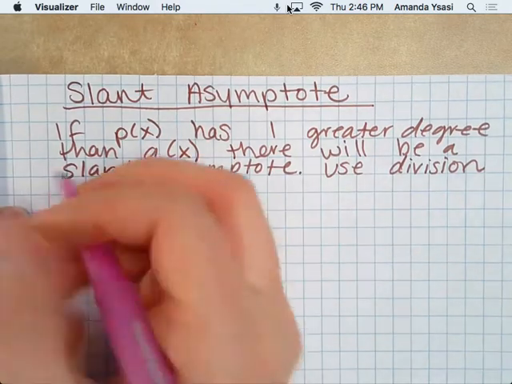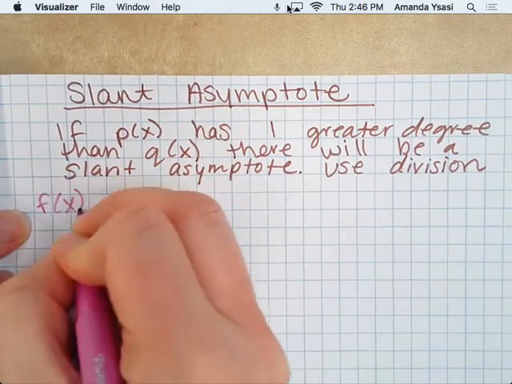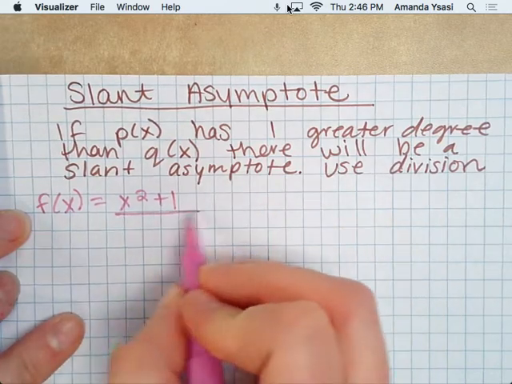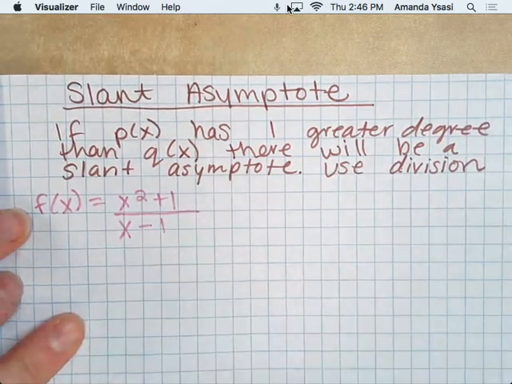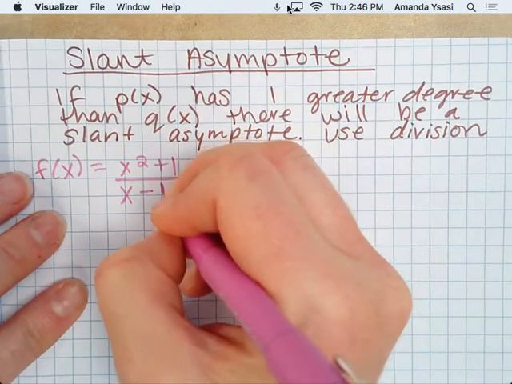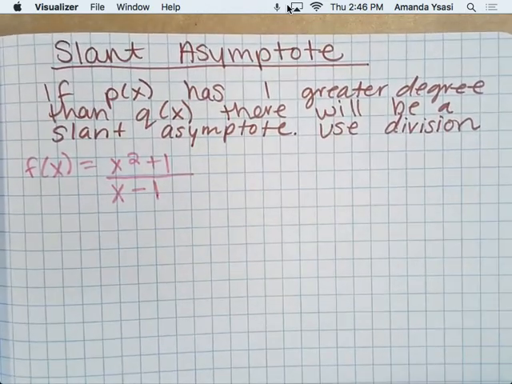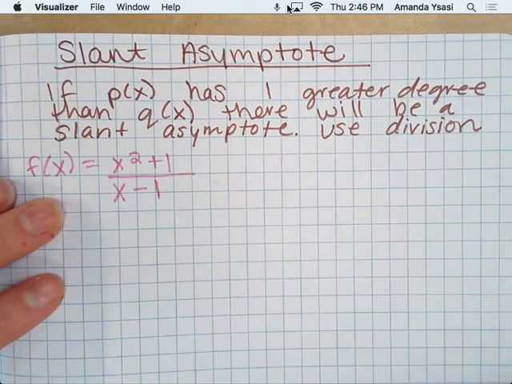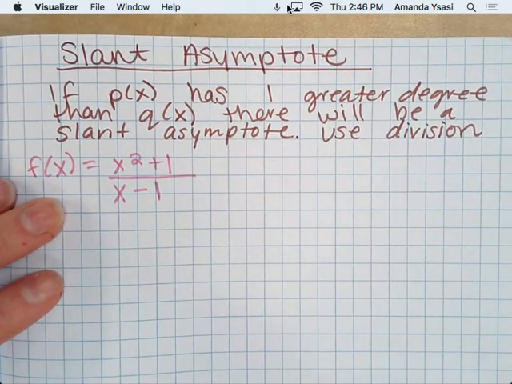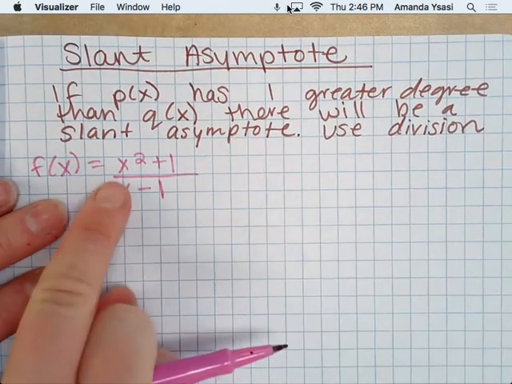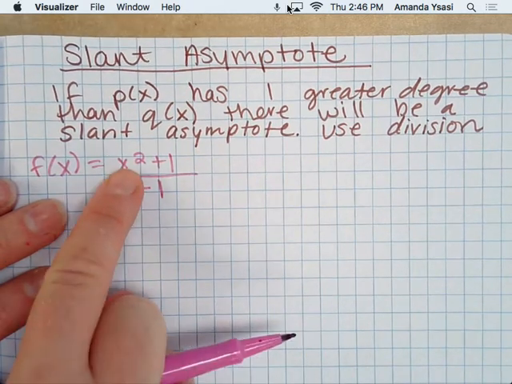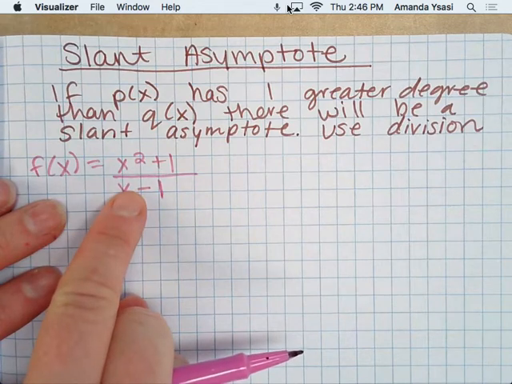So we'll do the example f of x equals x squared plus 1 over x minus 1. So the P of x has 1 greater than the Q of x. That's a 2 and that's 1.